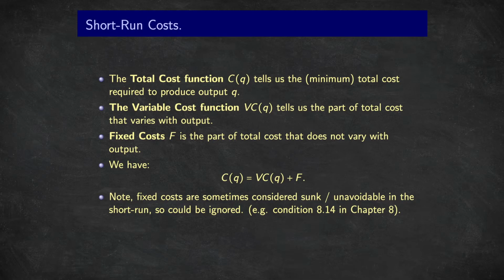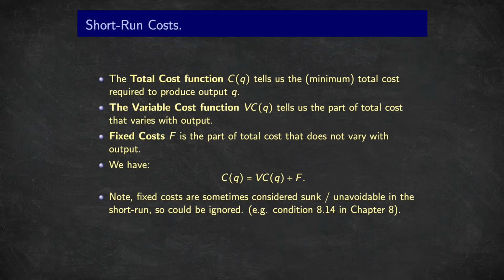The firm's objective in microeconomics is to maximize profits, and we know already that profit is revenue, the money that the firm makes, minus the firm's costs. So in order to maximize profits, or even to understand its profits, the firm needs to understand its costs.